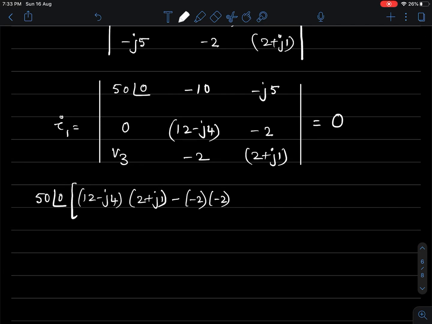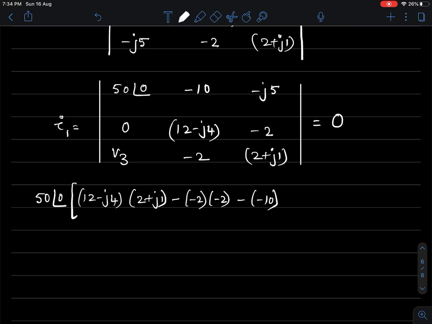That is the first element. Now minus of minus 10, this is 0 into 2 plus J1. I presume that you know how to expand a determinant. 0 into 2 plus J1, so that is 0.